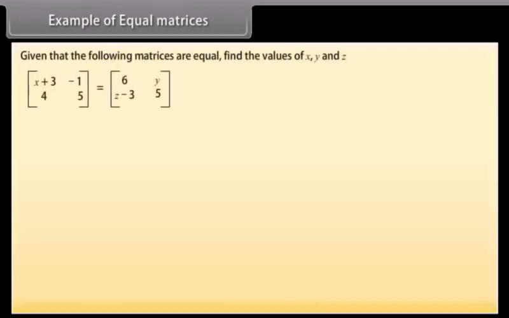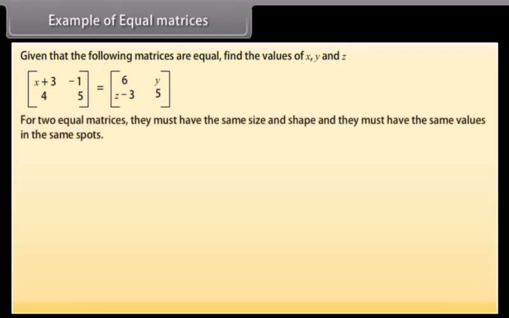Example of equal matrices. Given that the following matrices are equal, find values of x, y and z. For two equal matrices, they must have the same size and shape and they must have the same values in the same spots.